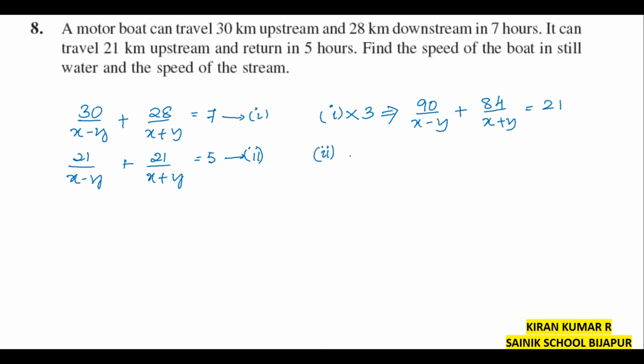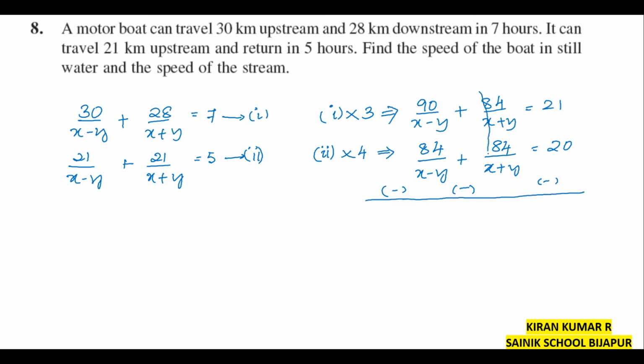In the second equation, if I multiply with 4, I'll be getting 84 upon x minus y plus 84 upon x plus y equal to 20. Now if you subtract, the second term gets cancelled. 90 minus 84 will be 6.